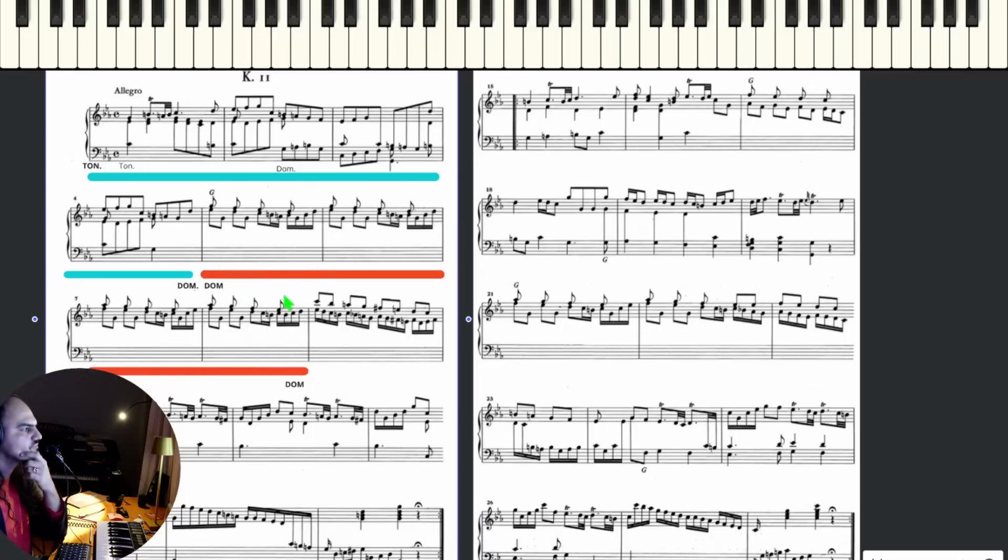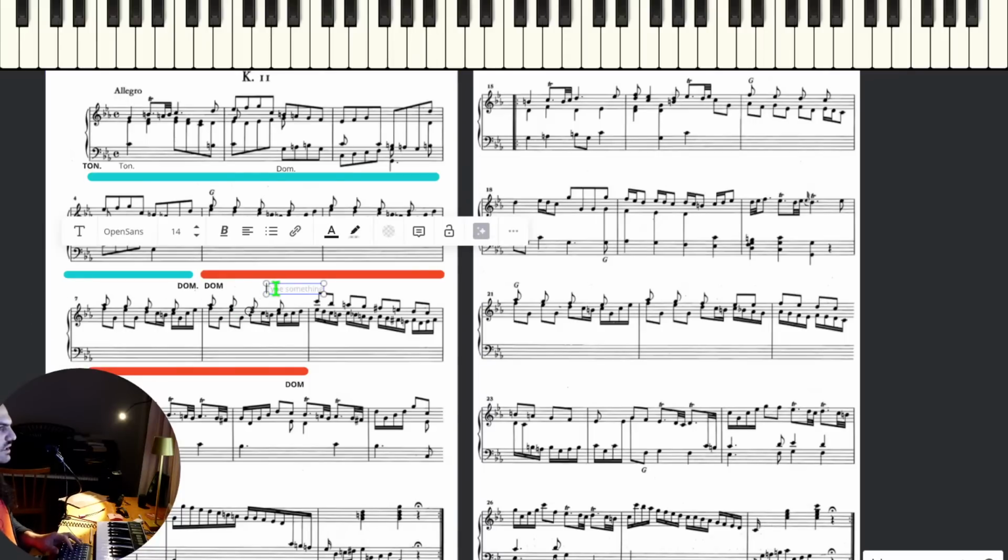Okay. So the alternation of dominant and tonic can also be called Pendel. I don't know if I'm speaking English or German here.